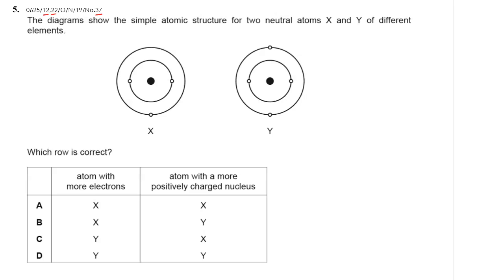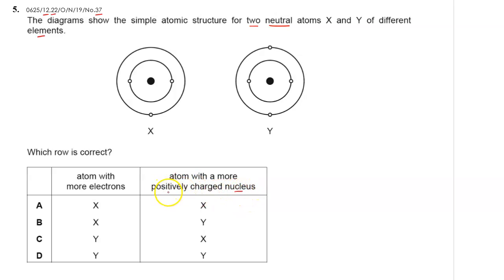The diagram shows the simple atomic structure for two neutral atoms, X and Y, of different elements. That's key. If they are different elements, they should have a different number of protons. Which row is correct? Atom with more electrons, and atom with more positively charged nucleus.